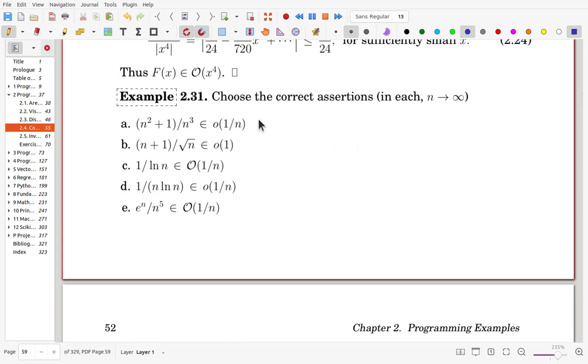Choose the correct assertions in each, as n is approaching infinity. Okay. Now, let's check if the first assertion is correct.